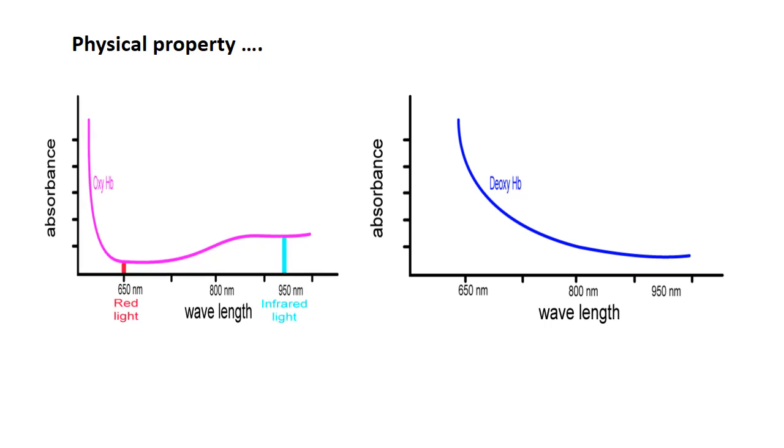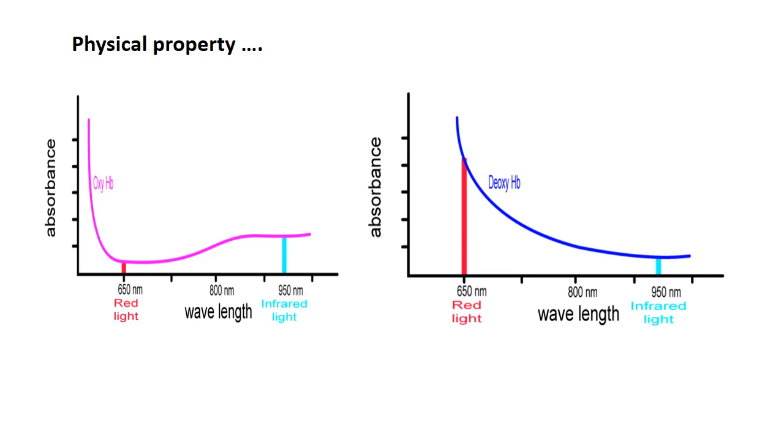The oxyhemoglobin graph shows that it absorbs more light in the infrared region compared to the red light. At 950 nanometers, in the infrared light zone, it absorbs more compared to the red zone.